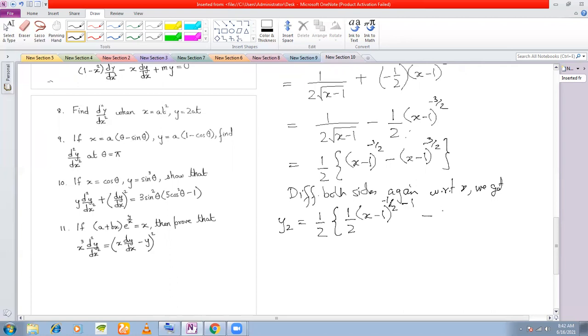Minus, and d dx of x minus 1 to the power of minus 3 by 2 is minus 3 by 2 x minus 1 to the power of minus 3 by 2 minus 1.